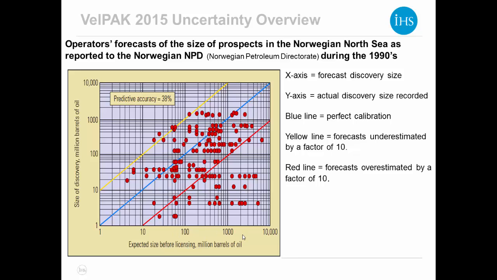Note that this graph is logarithmic too. The mean of actual discovery sizes equals, in this case, about 38% of the sum of the forecast discovery sizes, with the biggest driver of overestimation being gross rock volume, GRV, driven by oil-water contact assumptions.